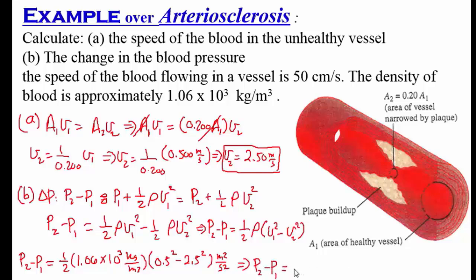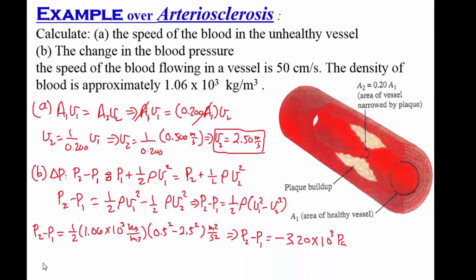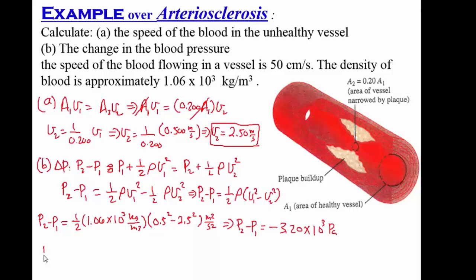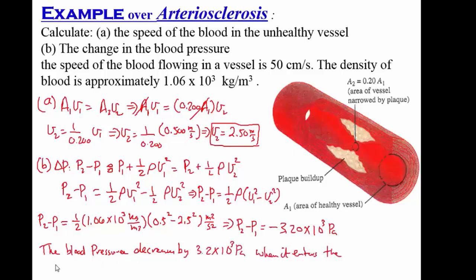It's negative 3.2 times 10 to the power 3 Pascals. What that tells us is that the blood pressure decreases. That's the meaning of negative here. The blood pressure decreases by this amount, by 3.2 times 10 to the power 3 Pascals when it enters the unhealthy vessel.